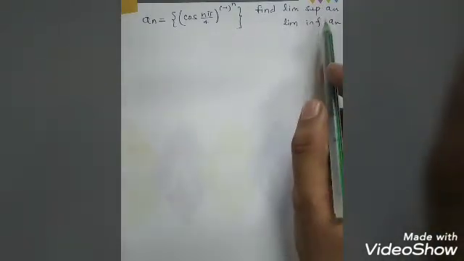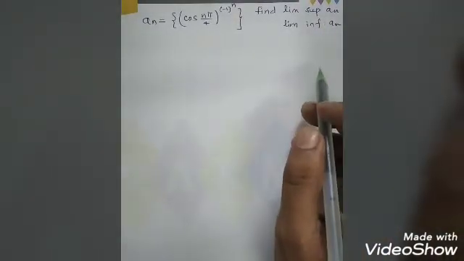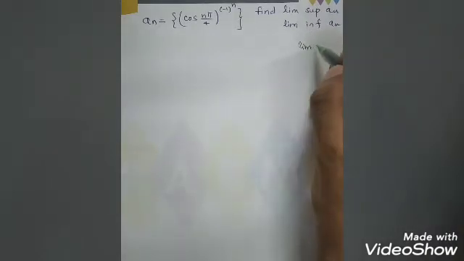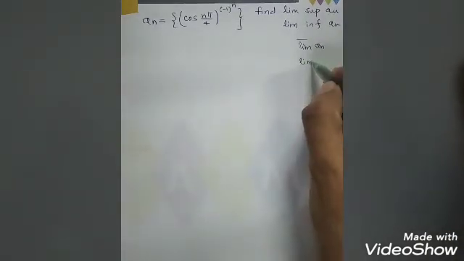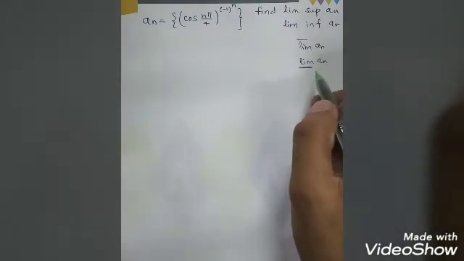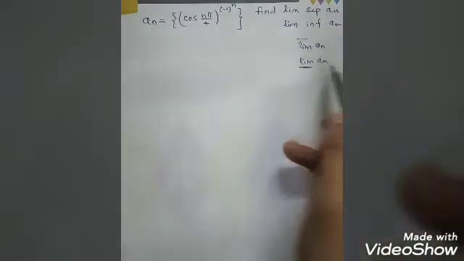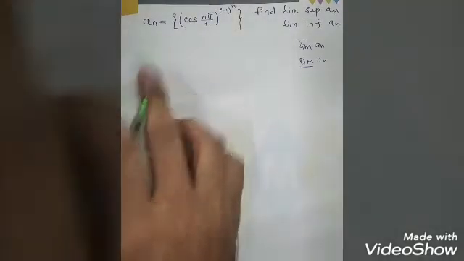There are various notations to indicate lim sup and lim inf. Some authors write lim sup as this, and some write limit infimum with the dash below the limit.